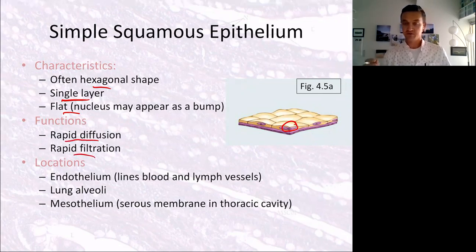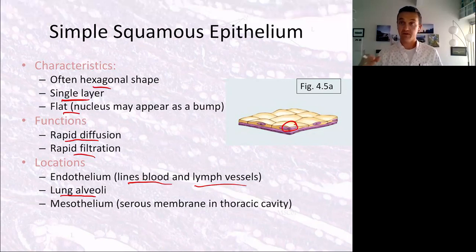Because they're so thin, things can go right through. So this is what we find lining our blood vessels and our lymph vessels, lining the alveoli, which are the little sacs of air in the very bottom of our lungs where we need to diffuse oxygen and CO2 directly through. And also our mesothelium, which is the serous membrane in our thoracic cavity.